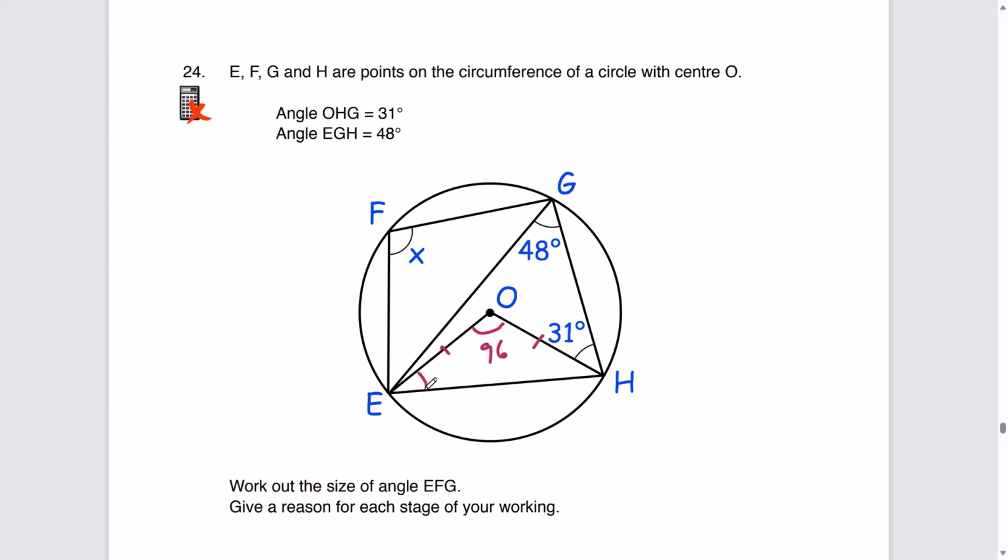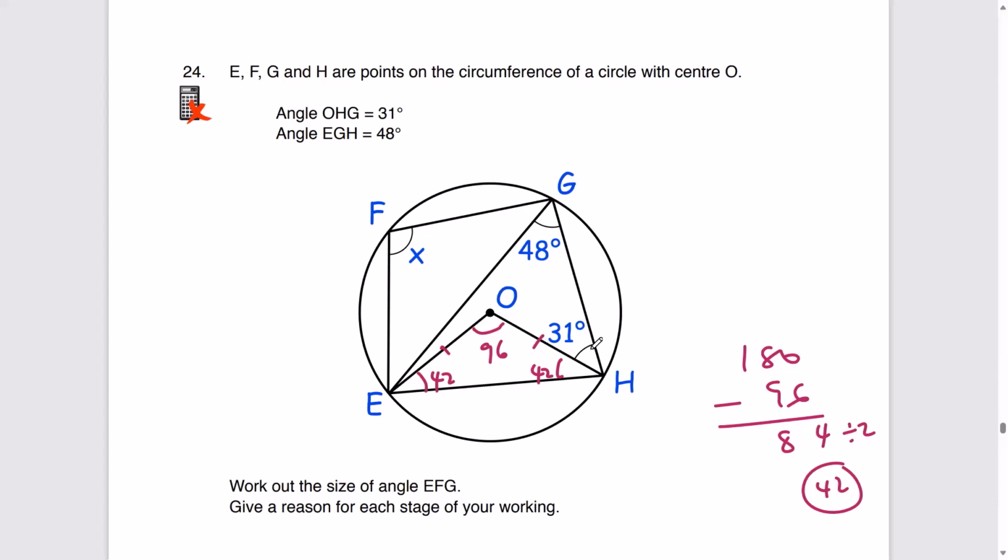So we can easily work out these two angles at the bottom. You do 180 minus 96, which is 84. And then halve it, which is 42. So here's 42, here's 42.